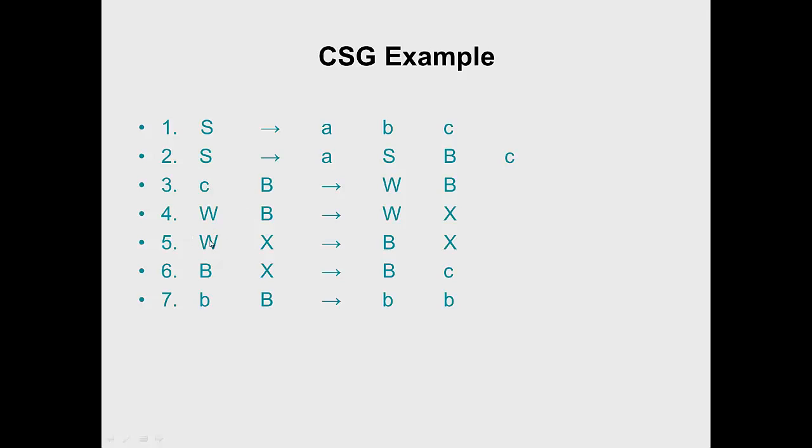Also, you can have two non-terminals, for example, or any number of non-terminals, or any number of terminals, or any combination of terminals and non-terminals. So CSG is a much wider, more expressive grammar. Still, though, it has a lot in common with CFG, a lot of the same restrictions, the same rigid structure for grammar, although CSG is more relaxed for sure.